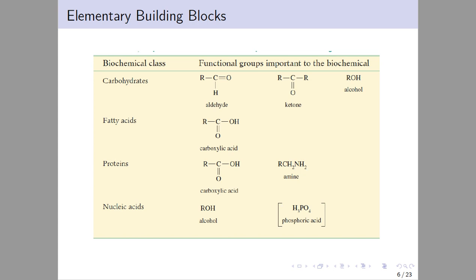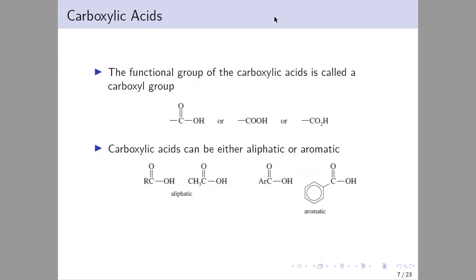So first we look at the carboxylic acid. The functional group of the carboxylic acid is called a carboxyl group. This is just a repetition of our chemistry class: C double bond O and OH, or COOH or CO2H.